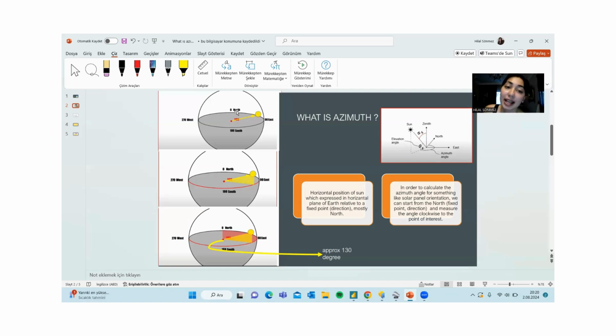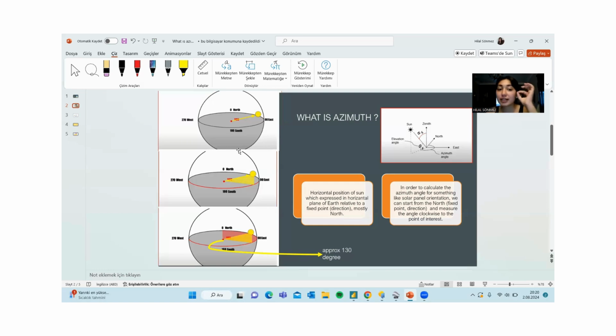It says, in order to calculate the azimuth angle for something like solar panel orientation, we can start from north as a fixed point and measure the angle in the clockwise direction to the point of interest. What that means is, as you can see, that is the position of the sun in that image, and we are at the point marked in red.